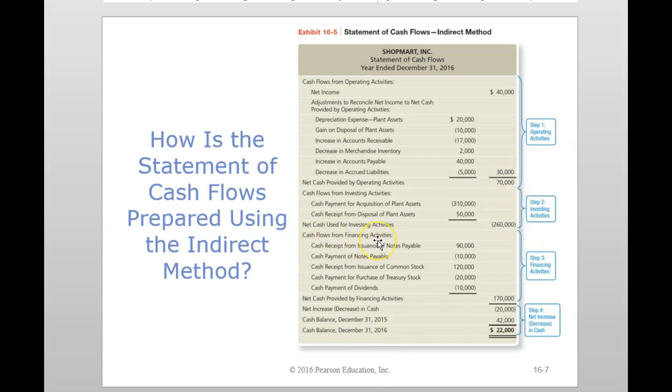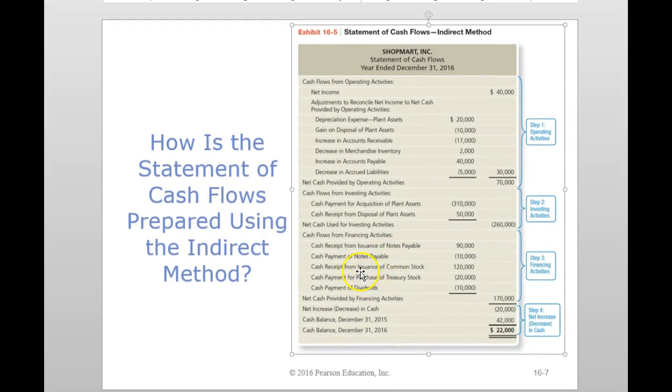Then we look at financing activities, and we find out that there was a cash receipt from a note payable and a cash payment of a note payable, which means we increased our liability on the first one, and on the second we paid some off. We issued some stock for $120,000. We repurchased treasury stock. These are all uses and additions to cash, so we come up with $170,000.